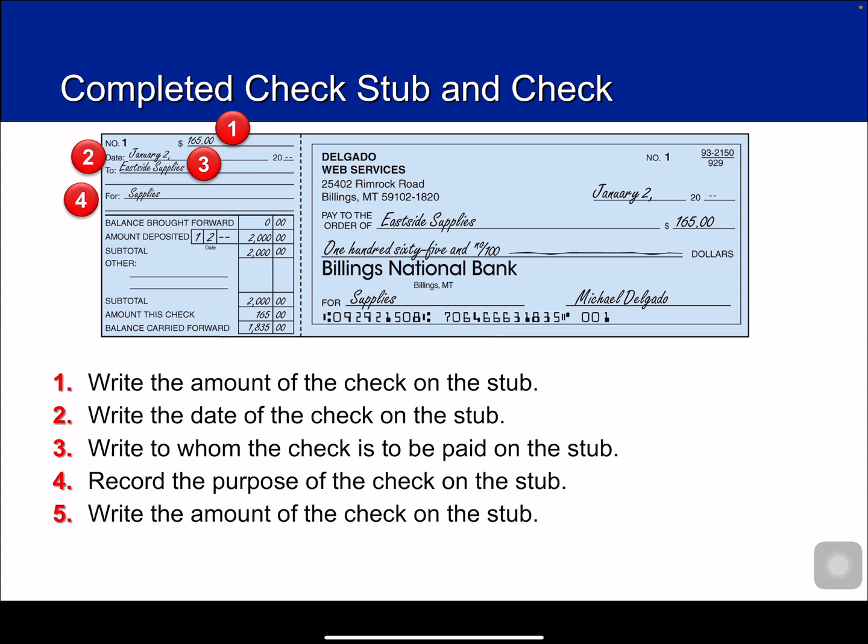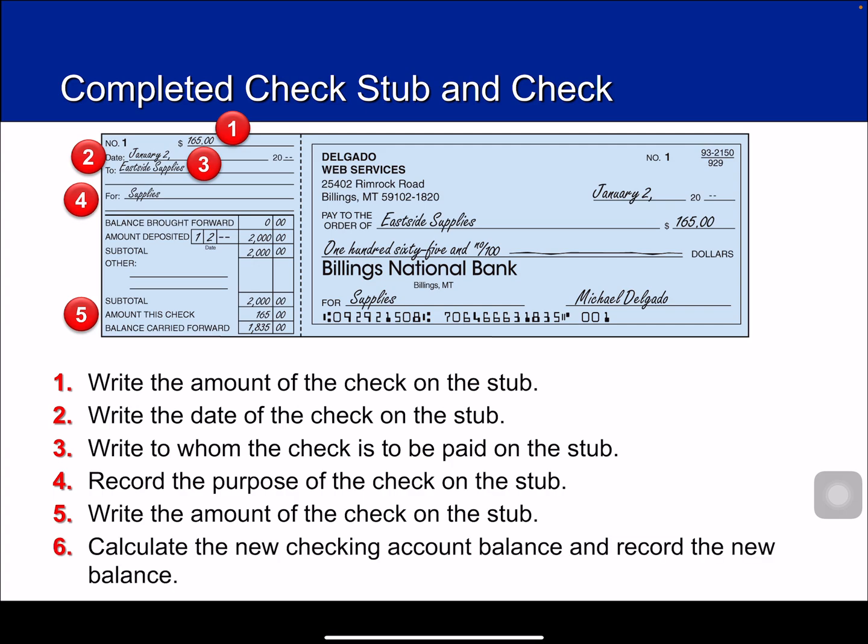And note that this part here we filled in earlier when we made the deposit, and that there won't be money deposited on every check. It's just when it happens. And then you're going to calculate your new checking account balance and record the balance.